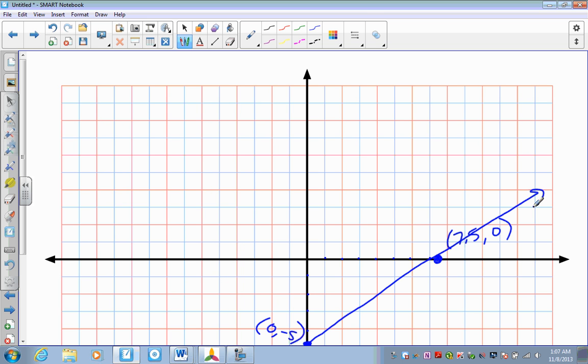So the y-intercept is like your starting value. And we'll start to understand this more when we talk about slope-intercept form. But the y-intercept is your starting value. The x-intercept is basically how long or how far or something like that until your y value is 0.